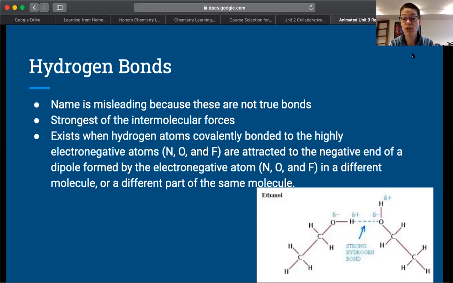So the thing you can look at on this diagram: the hydrogen bond is not in the molecule. Again, it is between the molecules, but it is between a hydrogen and either an N, an O, or an F. It has to be between the N, the O, or the F, and the hydrogen. All right, so you can't make a mistake there. And then the number one example of hydrogen bonds is water, right? Hydrogen bonding is what makes water so special.